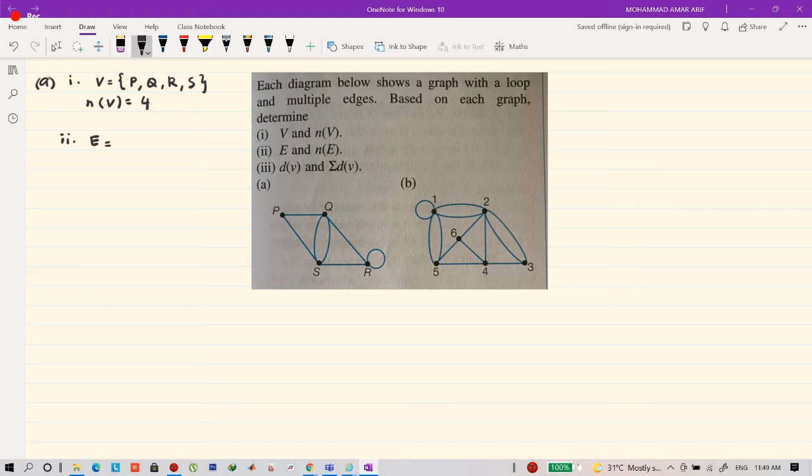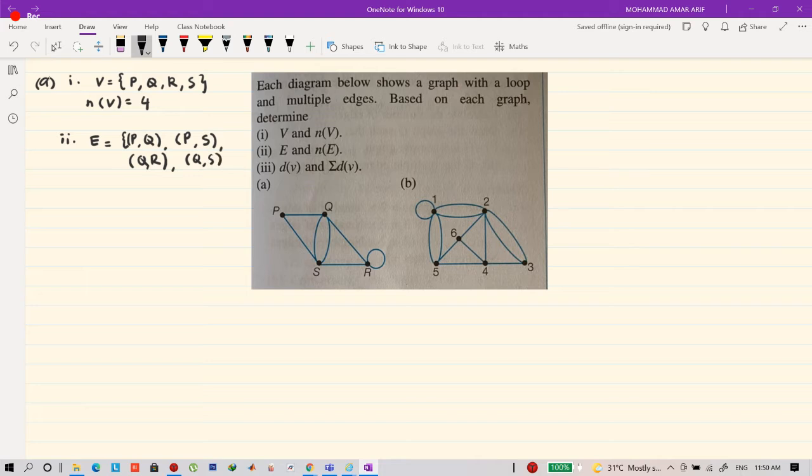So your answer is this. So PQ, then PS, QR, and then QS.